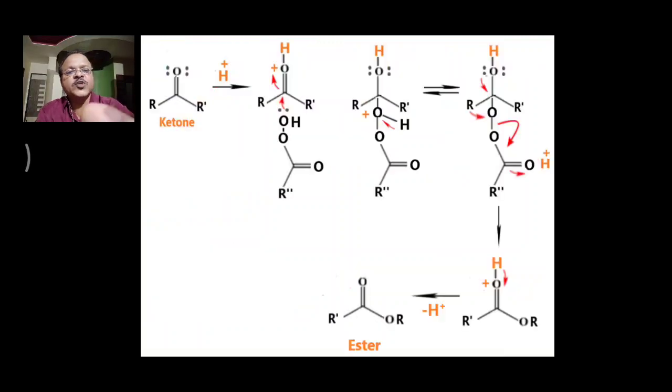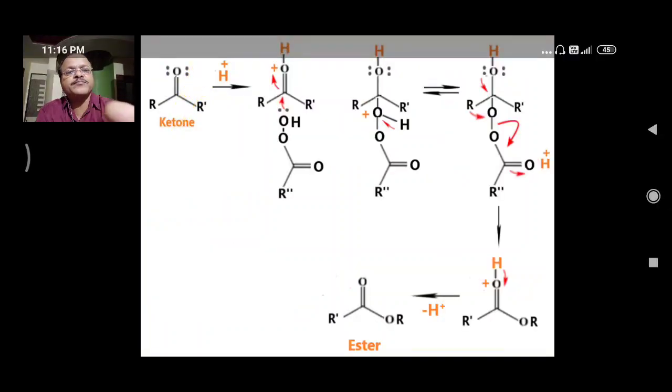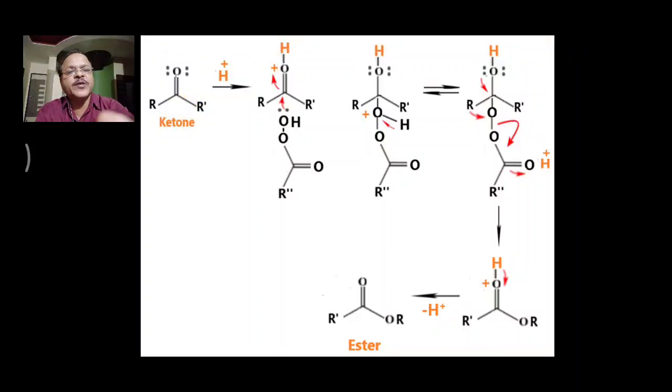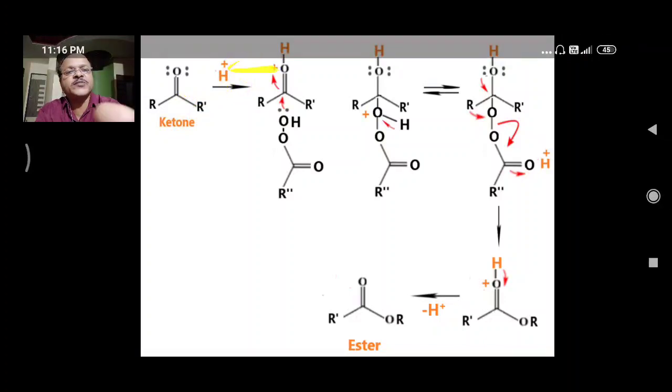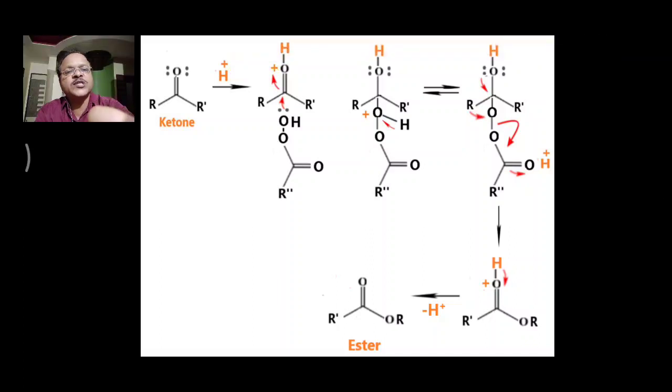This is the ketone compound. The first step is protonation, addition of H plus. This H plus gets added to this oxygen and there is formation of this OH bond. The positive charge will be on this oxygen because both the electrons of oxygen are utilized for OH bond formation.